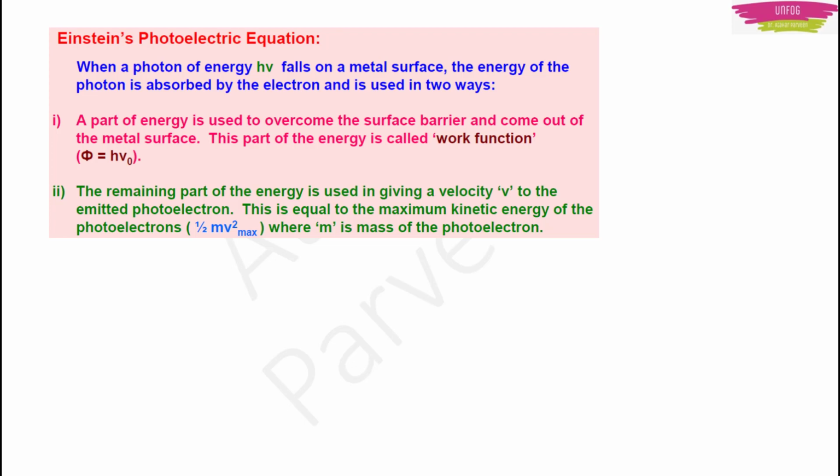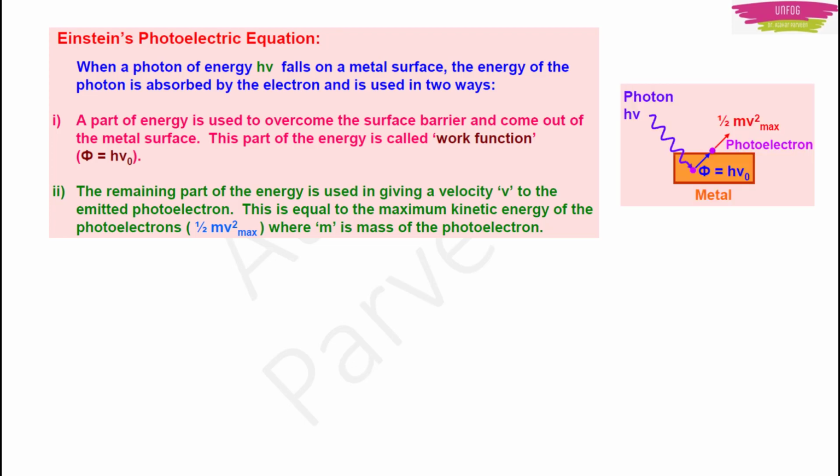Energy is directly related to frequency, right? That's why E equals h nu. If light of more frequency is given, more kinetic energy will be there for the photoelectron. Okay. Now all this was told by Einstein. Here you can see the depiction. One h nu we give, then we have this photoelectron with kinetic energy half m v square.